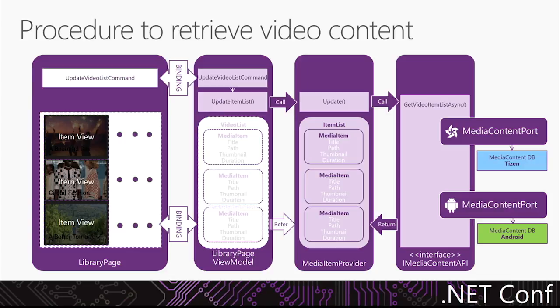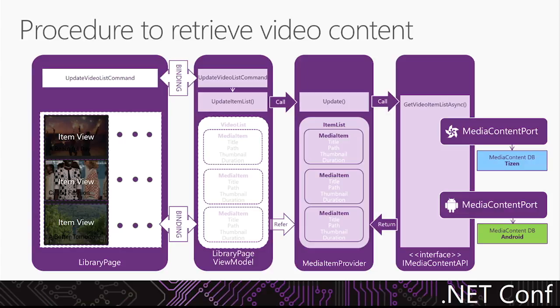The content APIs are defined here, which provide the get video item list functions, and the media item provider has access to this service by getting the dependency service. So the media content port implements the IMediaContentAPI, and it will retrieve video content for this application.